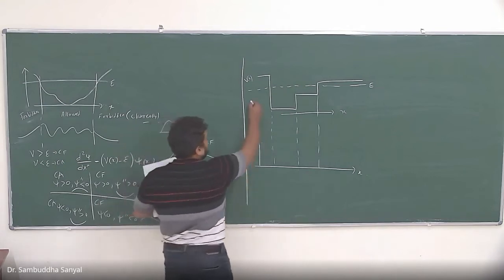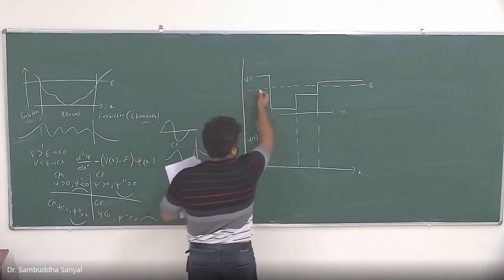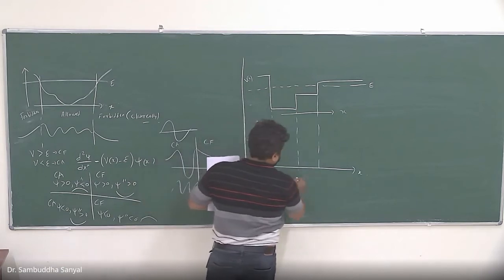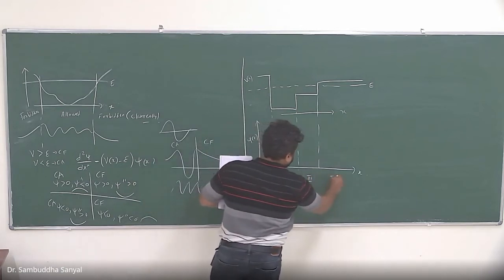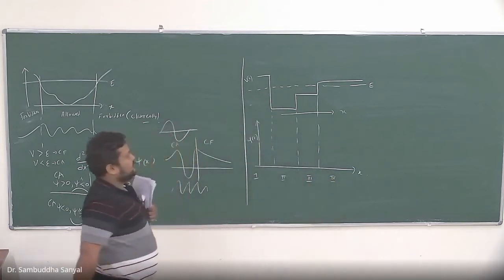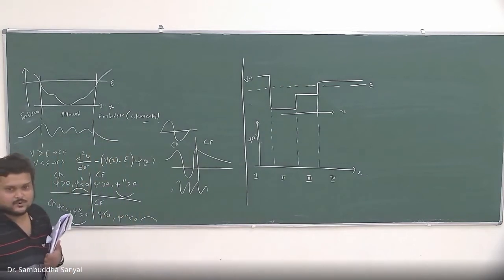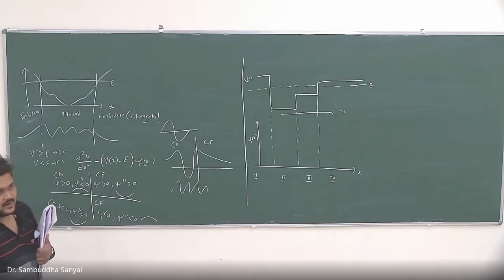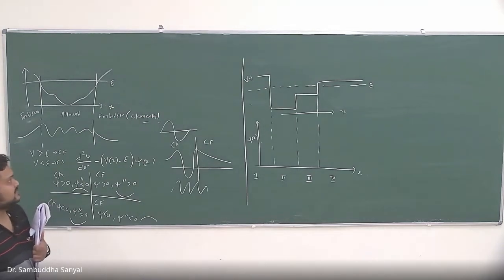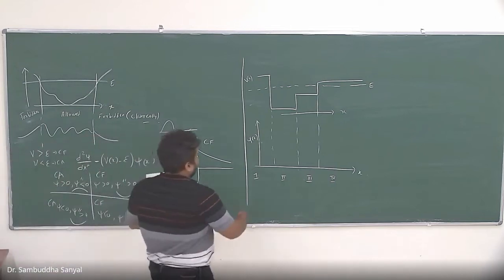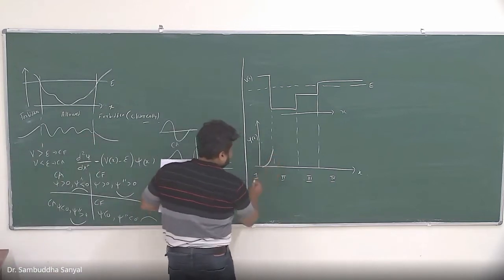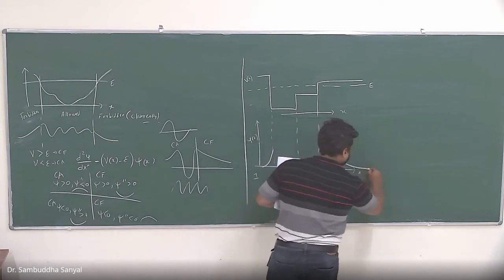This one, let me call it 1, 2, 3, 4. Can you say what will be in 1 and 4? It will be decay. Now can you say anything more about how the decay is faster in which direction? The decay is given by the difference, right? So here it will decay fast, and here it will decay slow, right?